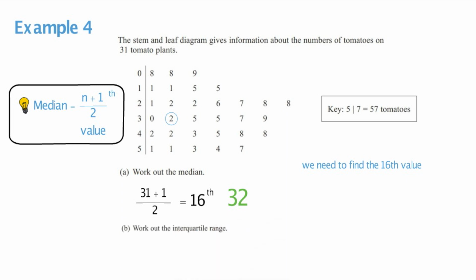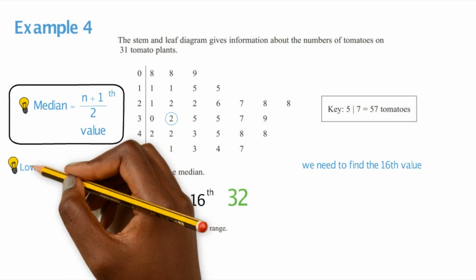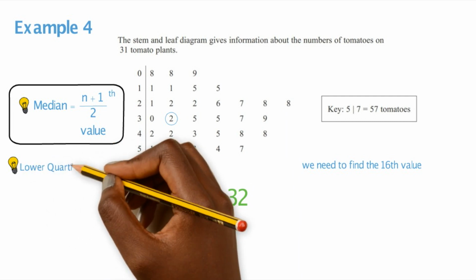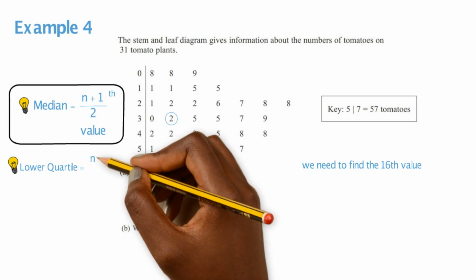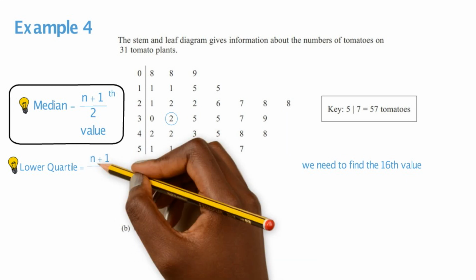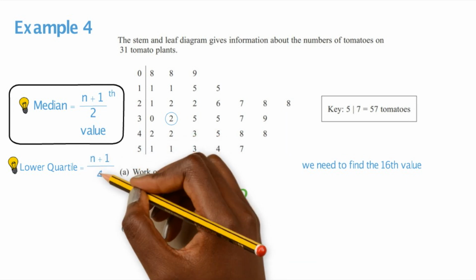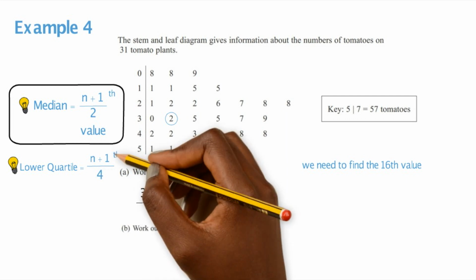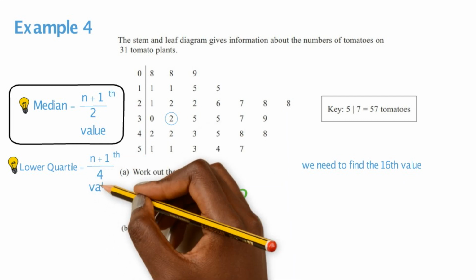Now for the interquartile range, however, we need to work out 2 parts first. I'd work out your lower quartile, or you can work out the upper quartile first. It doesn't matter which one you work out first. If we work out our lower quartile, because it's a quarter, you're going to do n plus 1 divided by 4 this time.